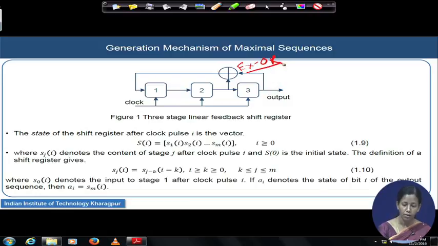We fed the output of this adder as an input to stage number 1. With the arrival of each clock pulse, the stored data moves from one stage to the next. The output we took from stage number 3.